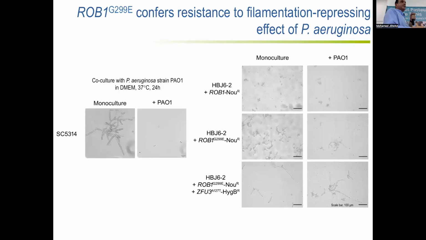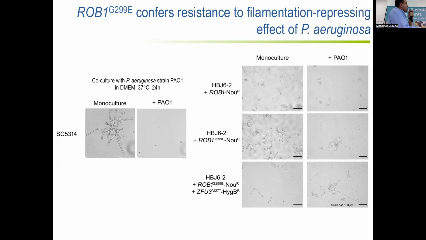So we tested that. We looked at the ability of those strains, HBJ62 plus the ROB1 without mutation, plus ROB1 with the mutation, using a dominant selection marker, nourseothricin. SC5314 is repressed by the Pseudomonas strain, whereas 6.2 with the mutation in ROB1 is not inhibited anymore.